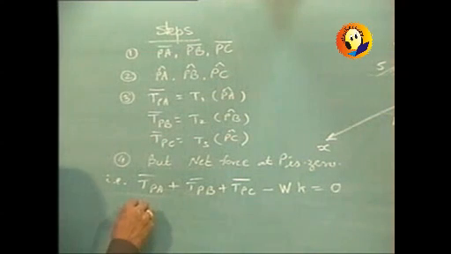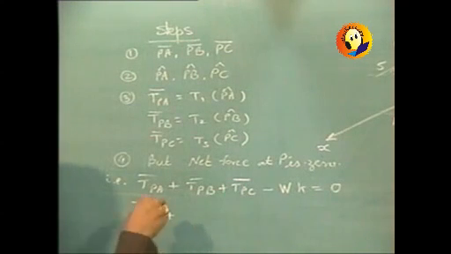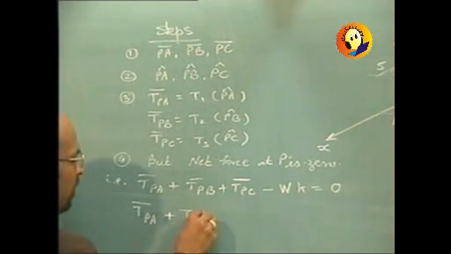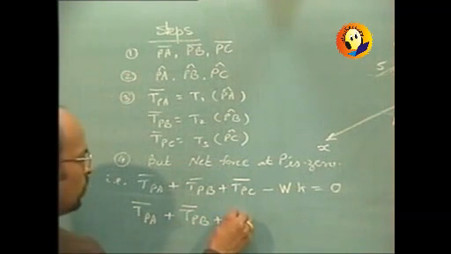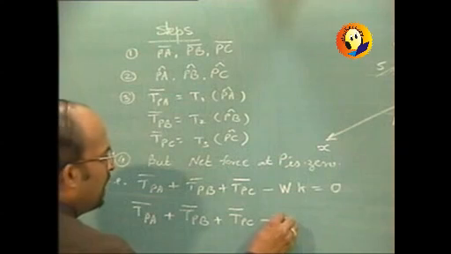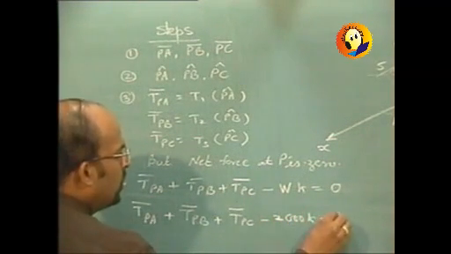So we have T PA bar in terms of i j k, that is in terms of T1. We have T PB bar which is in terms of T2. We have T PC bar which is in terms of T3, minus 2000 K equal to 0.